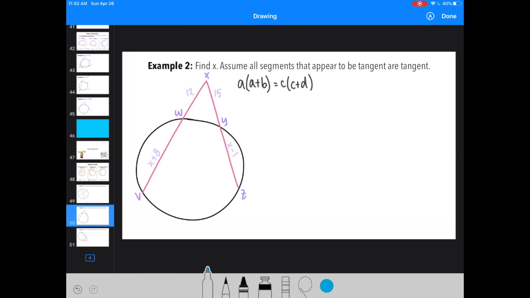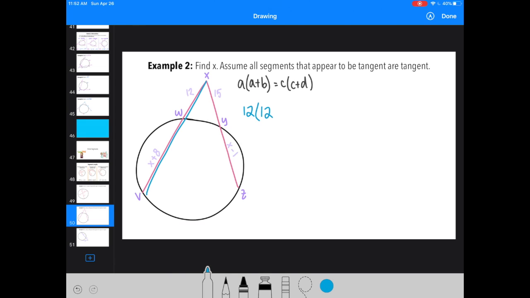All right, let's do an example of this. Example 2, find x. Assume all the segments that appear to be tangent are tangent. So I'm going to take my components outside of the circle and multiply it by the whole line components. For my first half, I'm just going to look at chord XB.